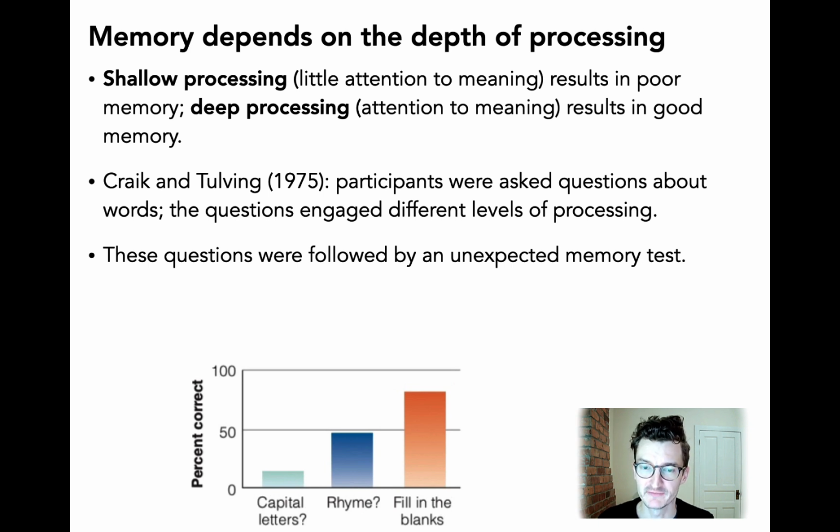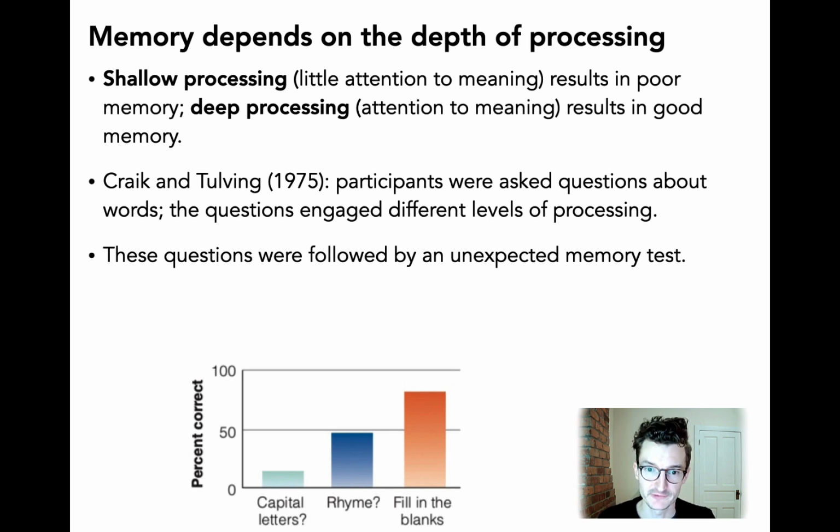Craik and Tulving in 1975 ran this study where they asked participants questions about words. And the questions engaged different levels of processing, so shallow processing versus deep processing. And the participants were later asked to remember these words that they had to think about.